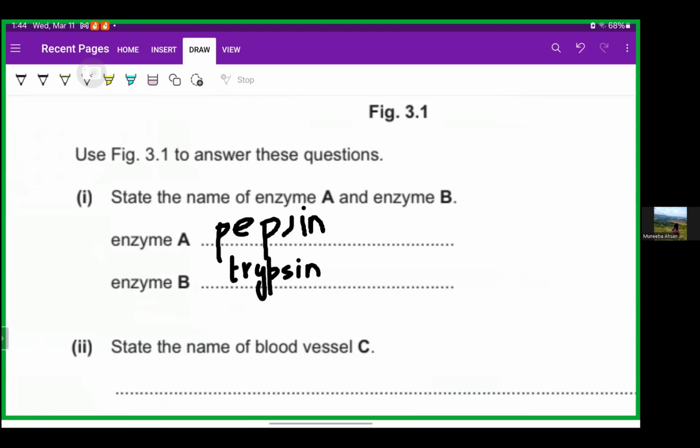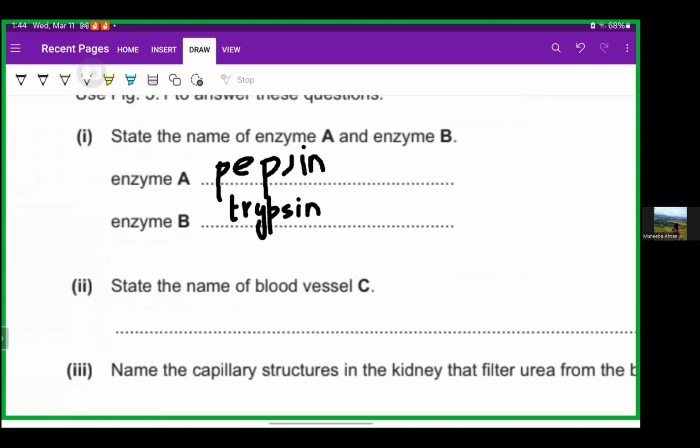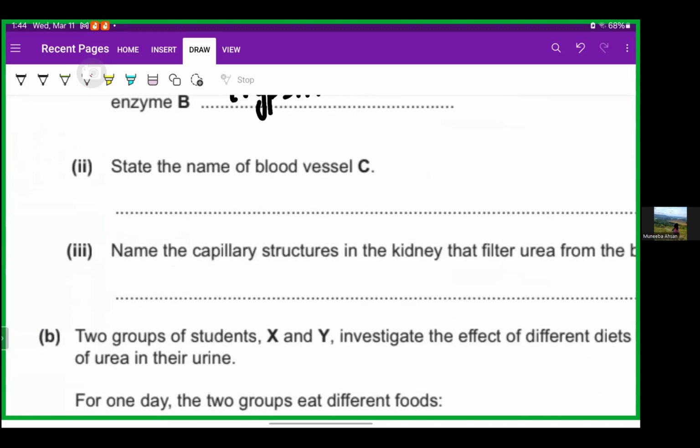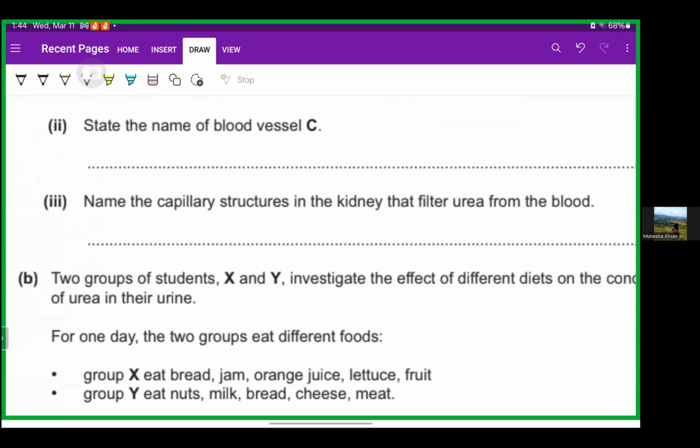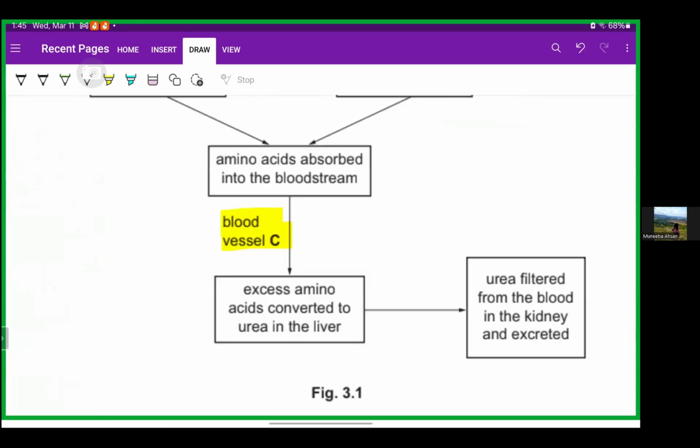Okay, now moving on to the next part, state the name of the blood vessel. Let me show you what the blood vessel is. Amino acids which were formed from the proteins through the action of the enzymes pepsin and trypsin are absorbed into the bloodstream, and the excess ones are converted to urea in the liver.